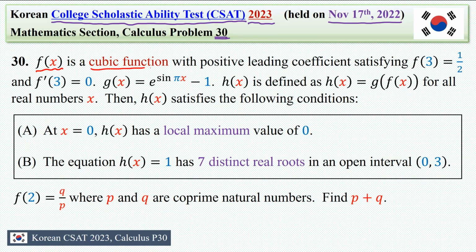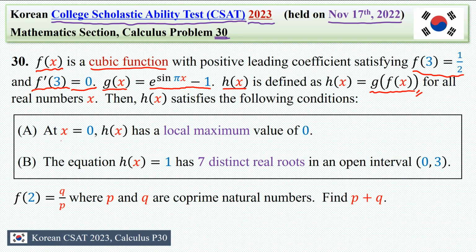f(x) is a cubic function with positive leading coefficient satisfying f(3) equals 1/2 and f'(3), the value of the derivative, equals 0. g(x) is defined as e to the sin(pi x) minus 1. h(x) is defined as g(f(x)) for all real numbers x. Then, this function h(x) satisfies the following conditions.